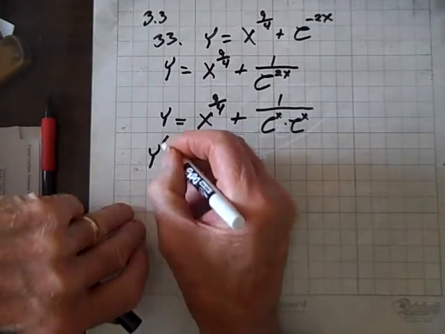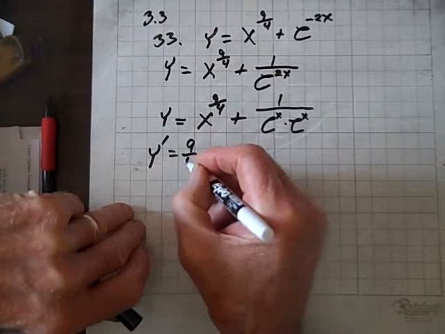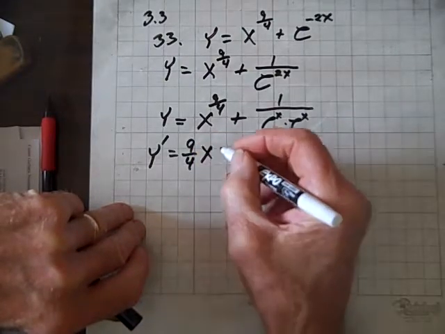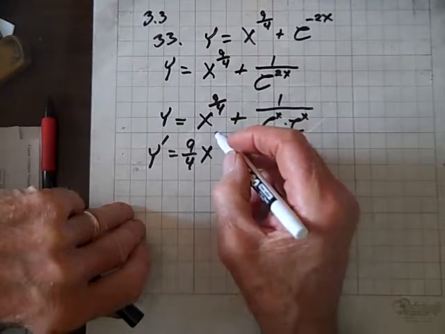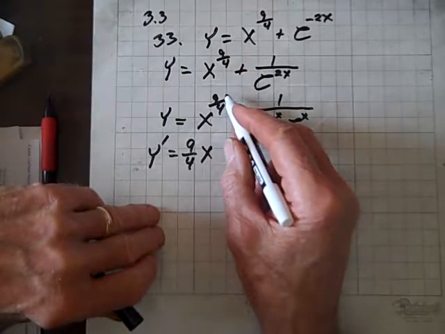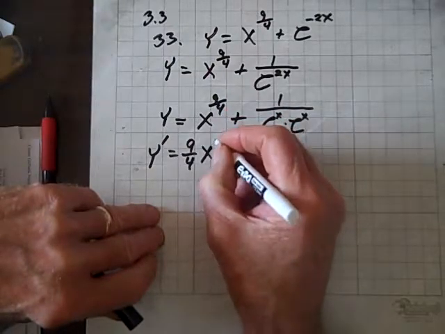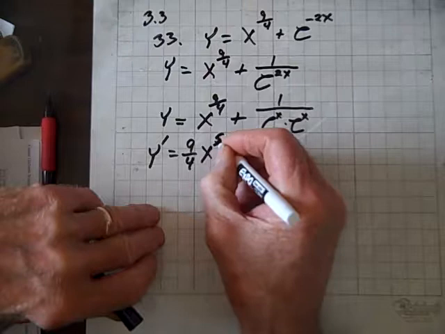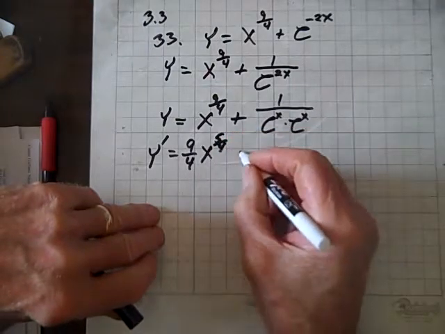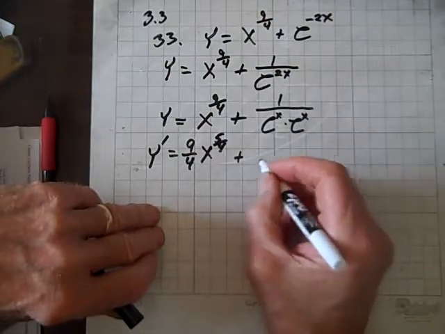So y prime equals, and by the power rule, we bring the 9/4 down, x, and we subtract 1 from 9/4, and another way to write 1 is 4 over 4, so 9 over 4 minus 4 over 4 is going to be 5/4 plus, and now we need to use the quotient rule.